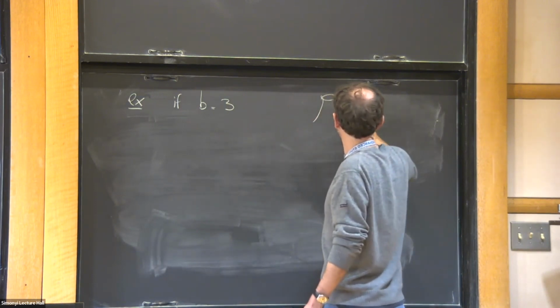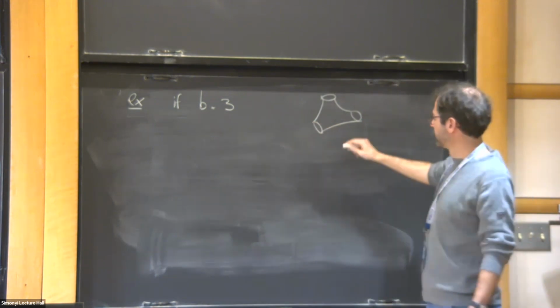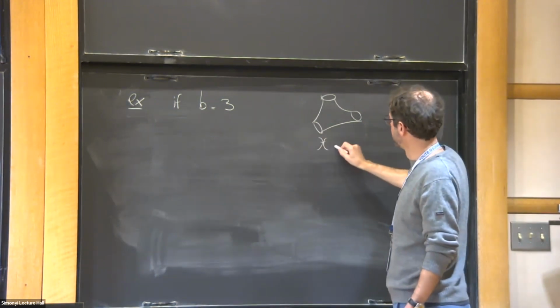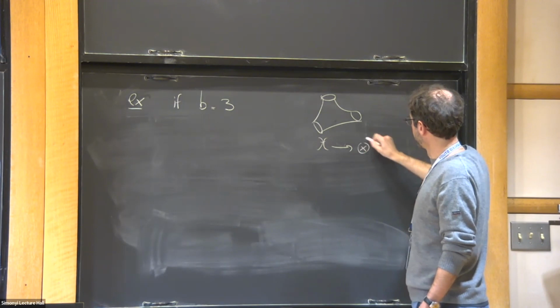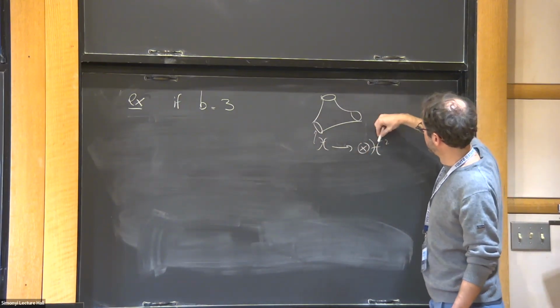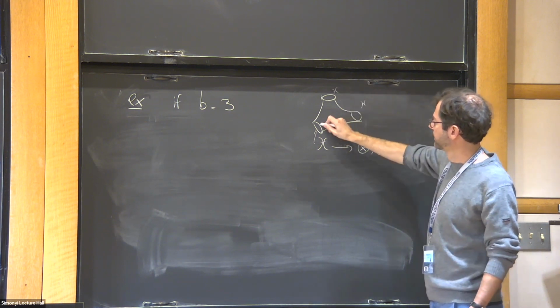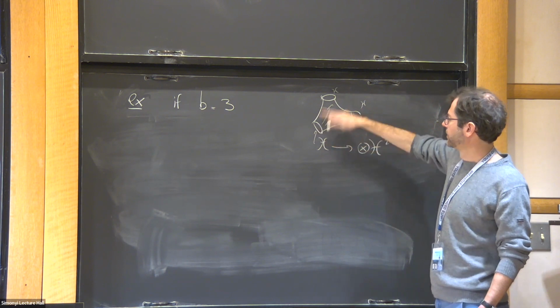The idea is we want to view the amplitude here as an operator mapping from H to, for instance, the tensor product of H. So H will be attached to this boundary component, and the two others will be here and here. So it's a bit like a propagator from one boundary to the two others.